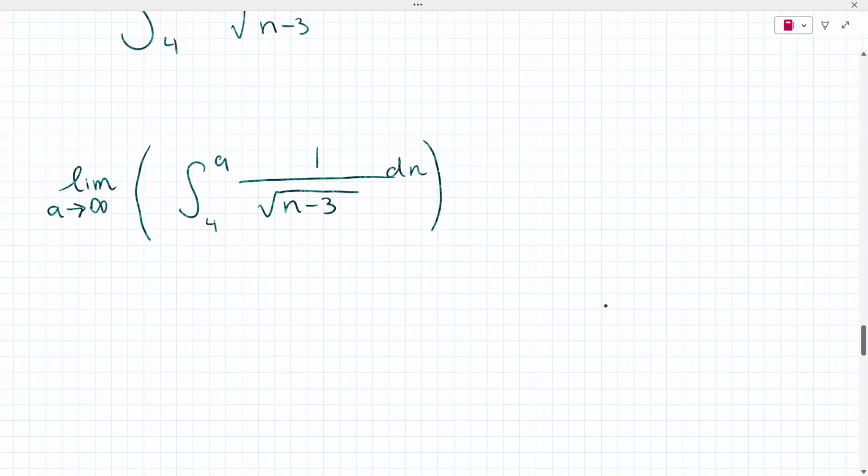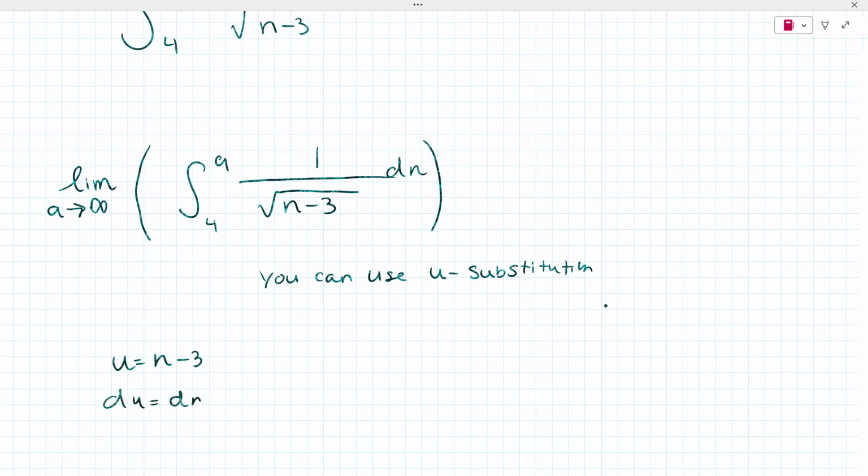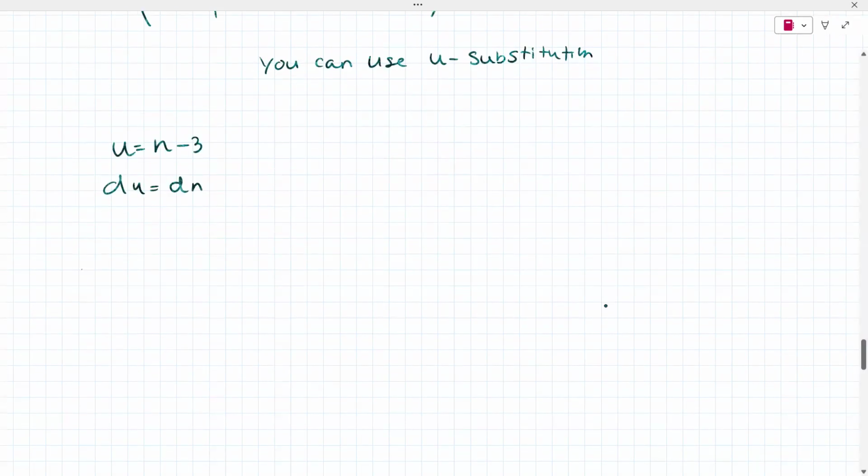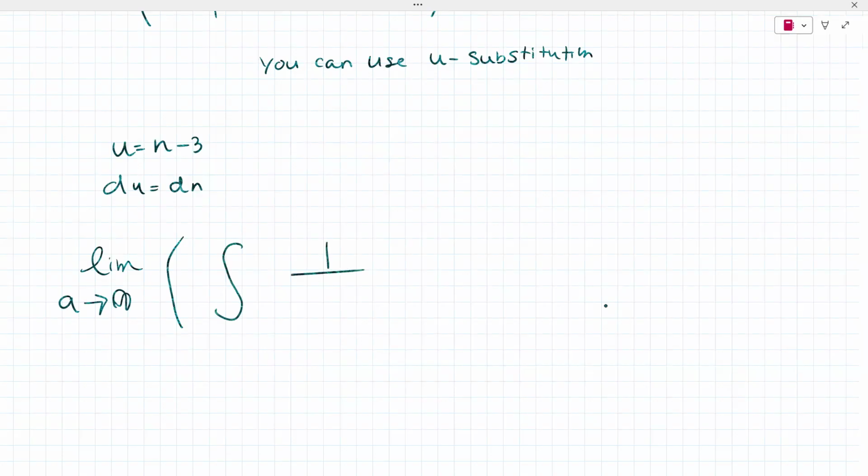And then you can use u substitution. Your u substitution would be u equals n - 3, and then du would be dn. So it's going to be the limit as a approaches infinity of 1 over square root of u du.